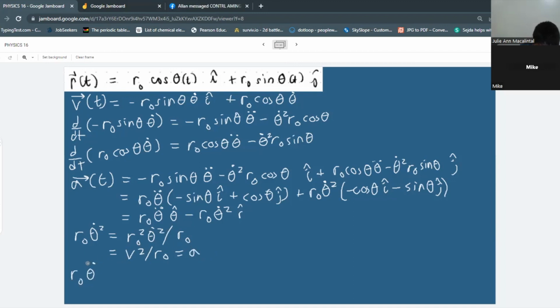Okay, so call that a sub r, and then negative, because look, there is a negative there. The other one, r naught theta double dot, is the acceleration along the tangential direction, so a sub theta.